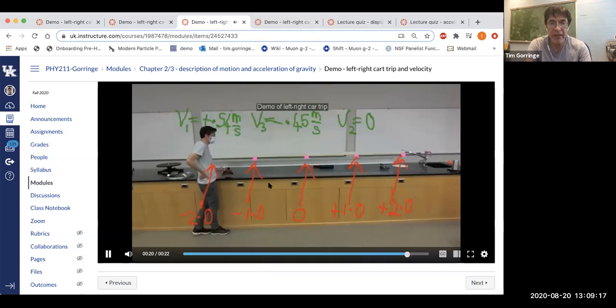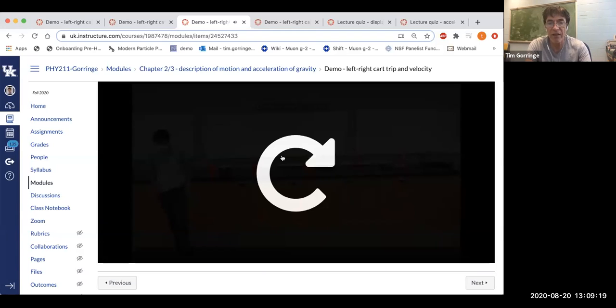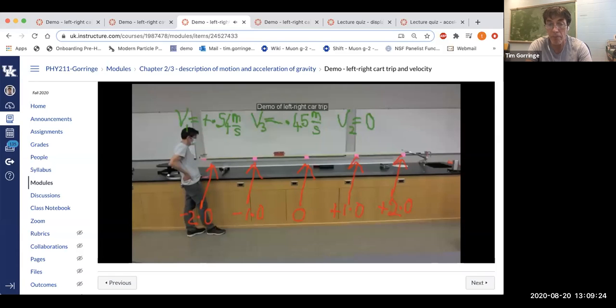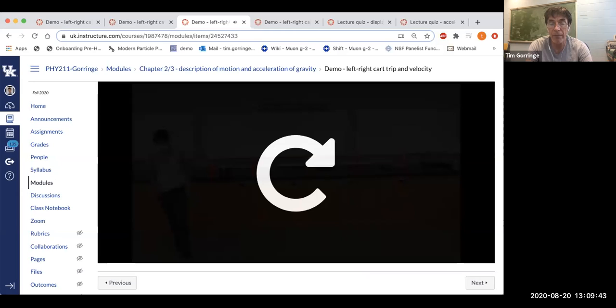When it gets to the top of the hill on the far right, there's a moment where the cart's actually not moving at all. It's got 0 speed. Then it falls back, and at the final moment when I catch the cart, it's moving at minus 0.45 meters per second. It's going in the other direction, and it's a little slower than when I first released it.